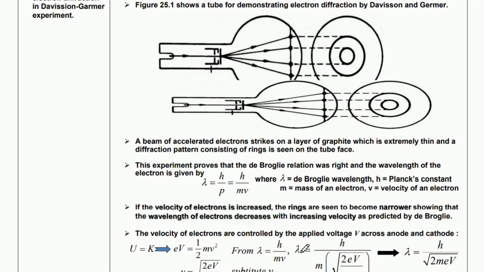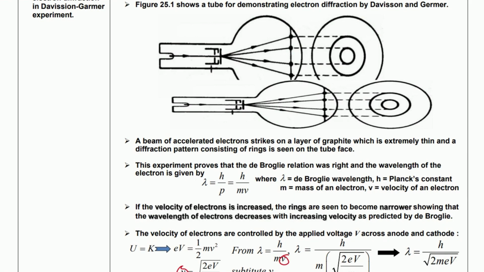Okay. Kemudian so kita tadi de Broglie wavelength lambda equal to h over mv. Okay. So kalau kita dah modify daripada persamaan ni, jadi v equal to square root 2eV over m. Okay, from lambda equal to h over mv, kita substitute nilai v ni. So dia jadi macam ni lah formula dia.